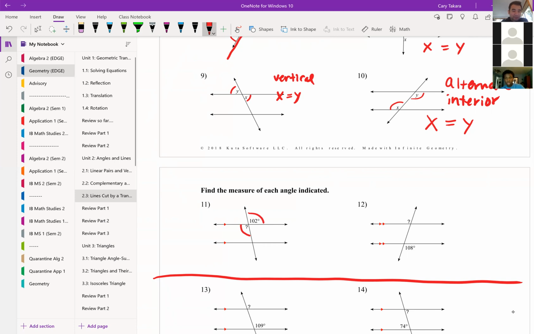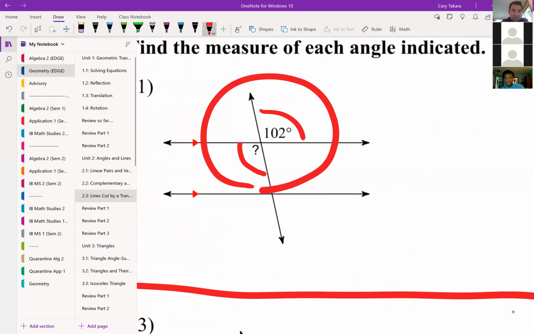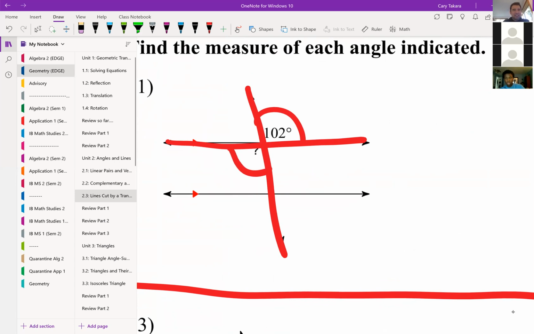Again, you just focus on this part right here. You've got one line and one line. And this angle, and we want to find out that angle. Isn't that vertical angle again? Very good.